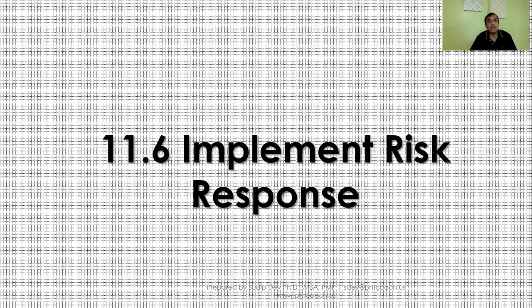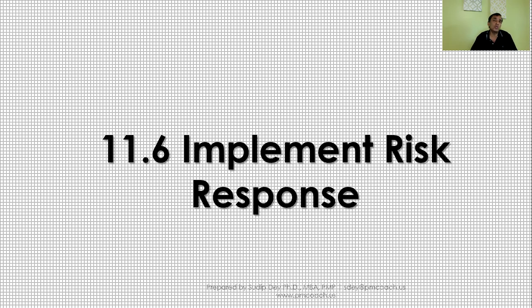So with this, we have planned the risk responses based on the quantitative and qualitative risk analysis that we have done. Now we are ready to implement those risk responses. If you remember, the implement risk response process is in the executing process group.